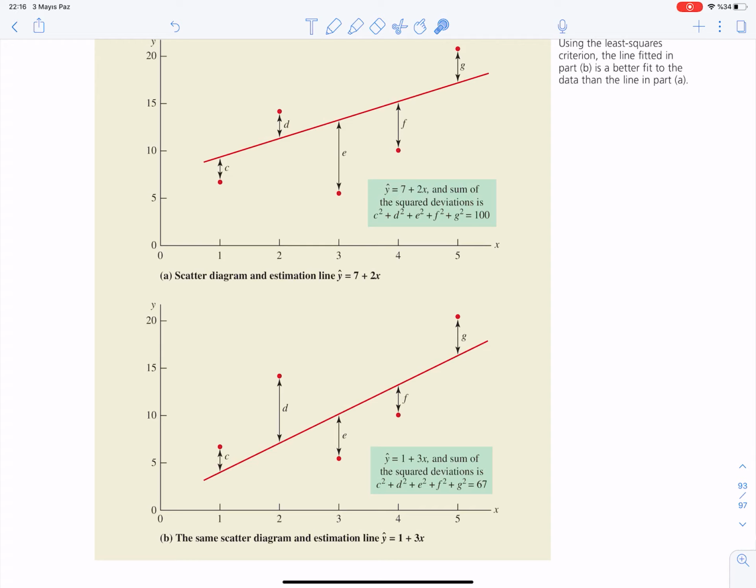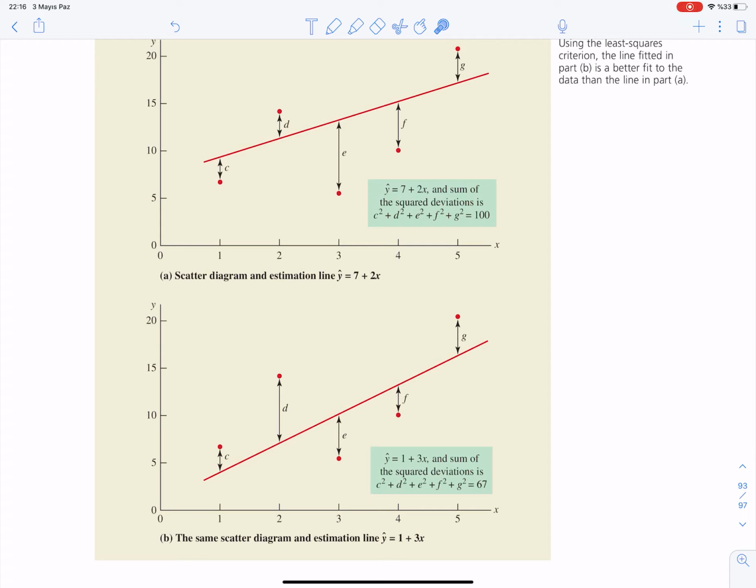We have 5 values of x and 5 values of y, and you're trying to fit a regression model, or a line, that represents those five different combinations of x and y values.